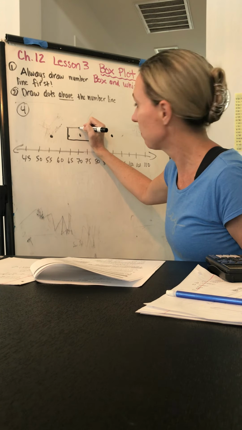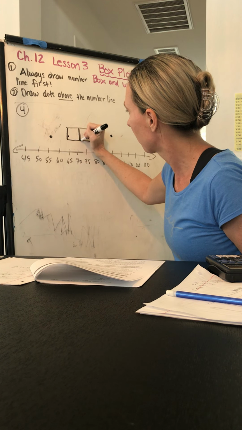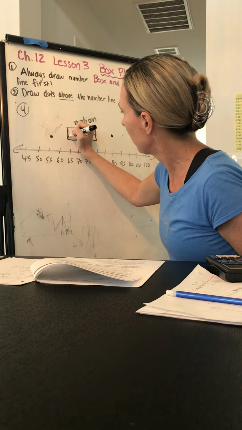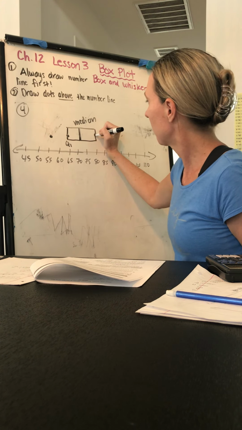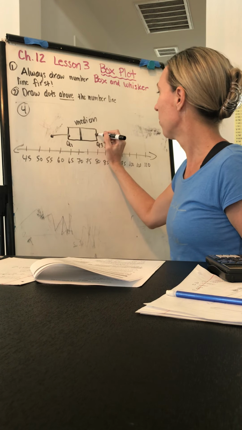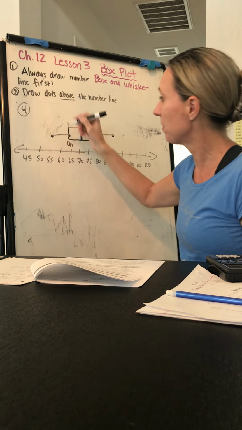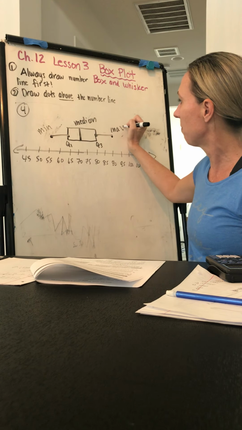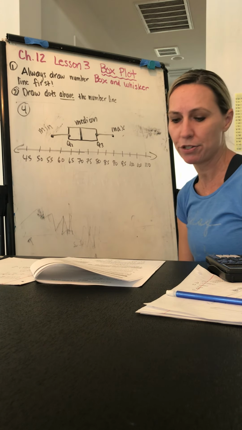And do you remember what this middle one is, Bentley? The median. That's called the median. Okay, this one is Q1. This one is Q3. And then those are your upper and lower extremes. Your lower extreme here is also called the minimum. Your upper extreme is called the maximum. Okay, so that's what all those points are saying.